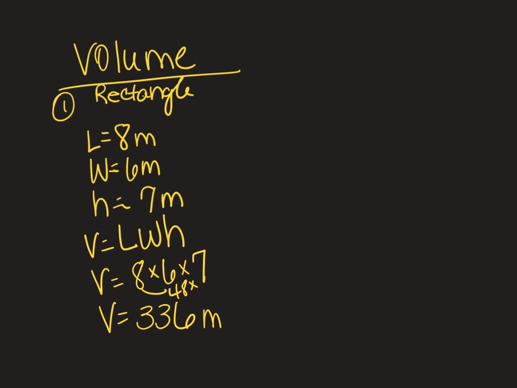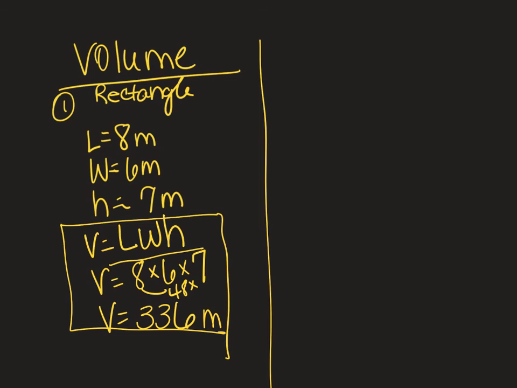But when you're doing the metric measurements, it is meters cubed, centimeters cubed, millimeters cubed, and so on. So this is what I want you to see, that when you do these problems, you have to write your formula, put your figures in, multiply, and then your answer. 3 steps there, okay?